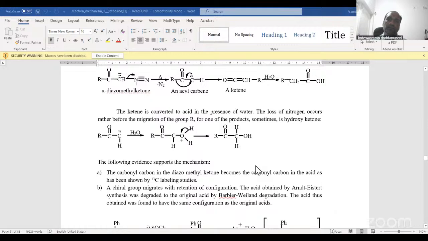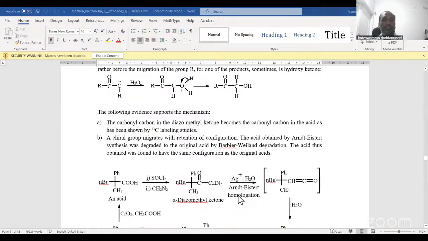The number of carbons is increased. The ketene is converted into the acid in the presence of water. The loss of nitrogen occurs before the migration of the group. Sometimes hydroxyketones are generated.